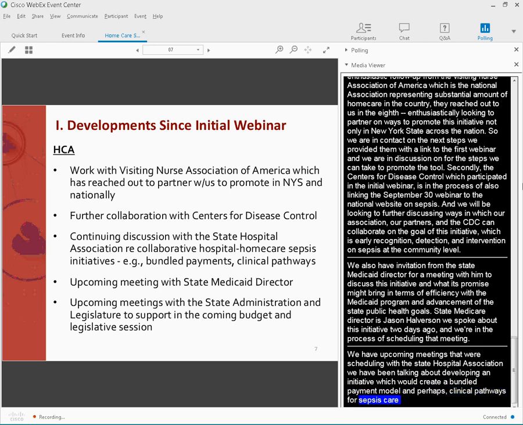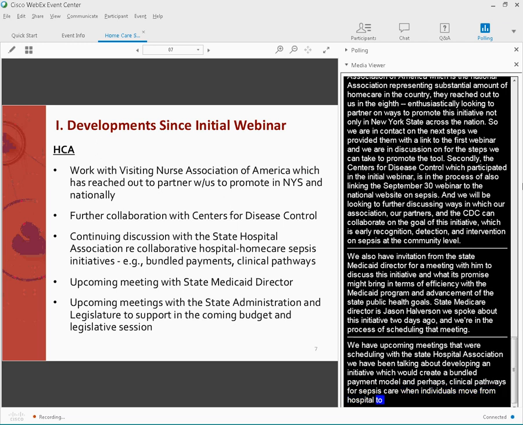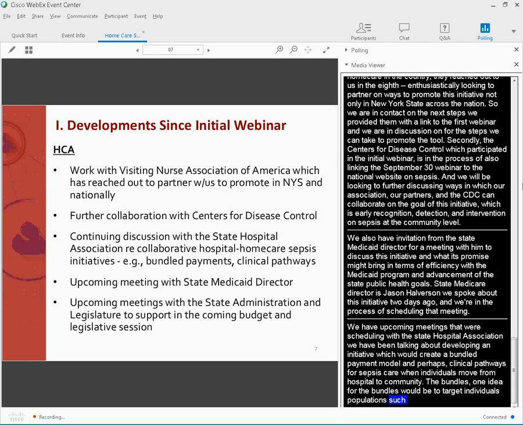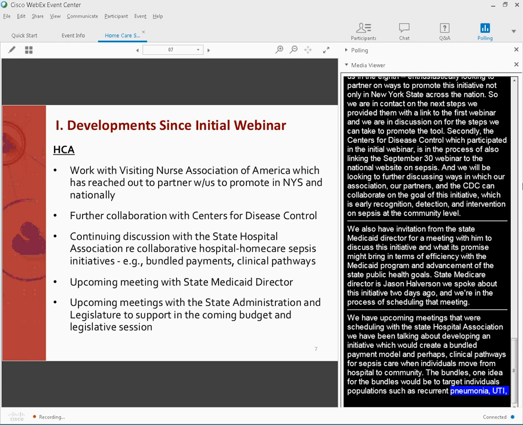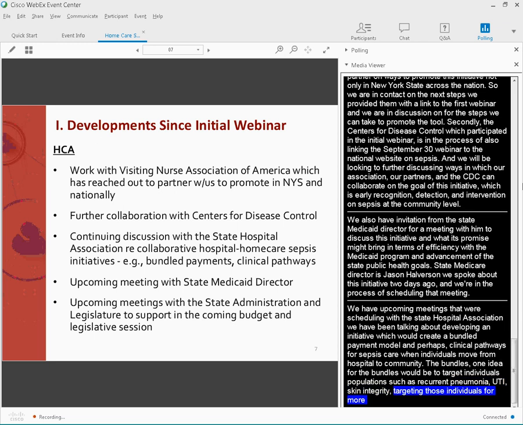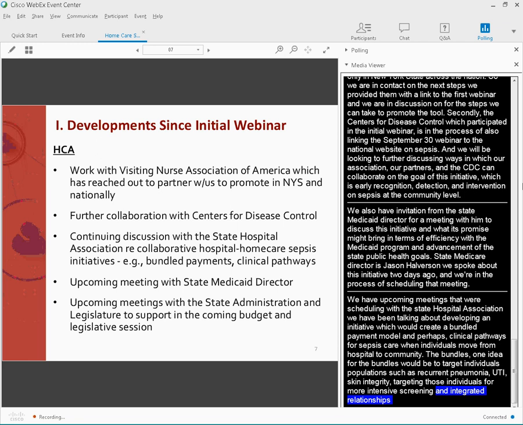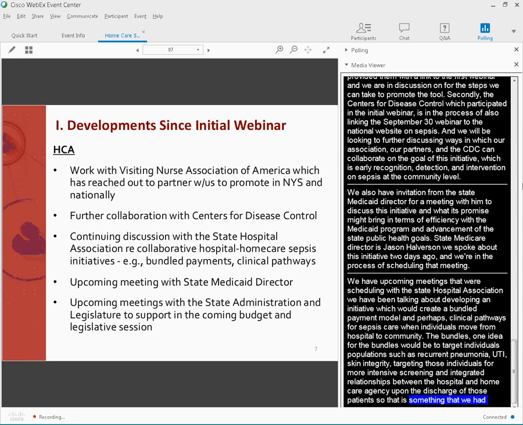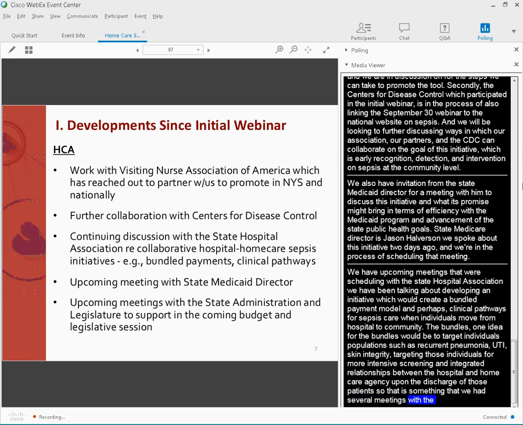One idea for the bundles would be to target populations such as recurrent pneumonia, UTI, skin integrity patients, targeting those individuals for more intensive screening and an integrated relationship between the hospital and the home care agency upon the discharge of those patients. So that's something that we've had several meetings with the Hospital Association about, and we are continuing those discussions.